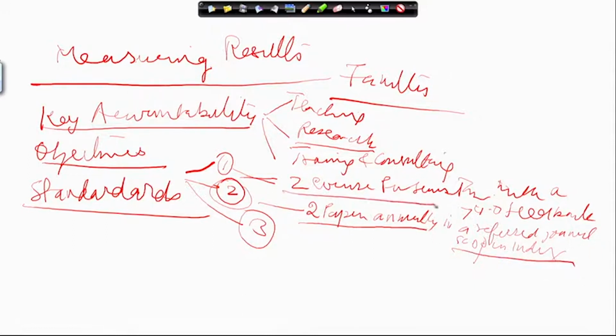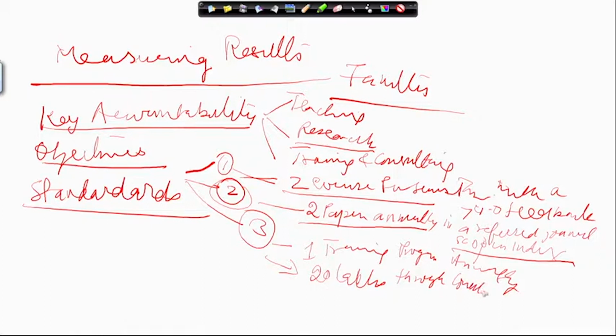You are teaching 2 courses and you expect to publish 2 papers annually; that is going to be your specific objective. Now, third is training and consulting: conducting at least one training program. The time frame is important, annually. Not only conducting one training program, but also generating revenue of at least 20 lakhs through consulting activities. Now, what happens?